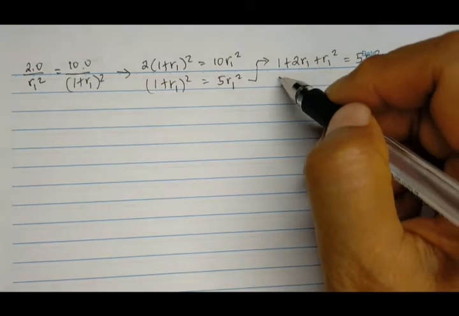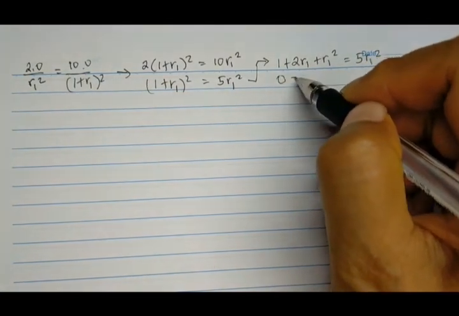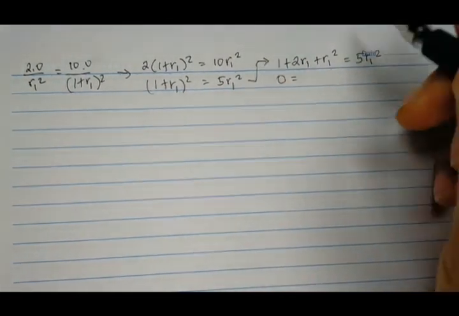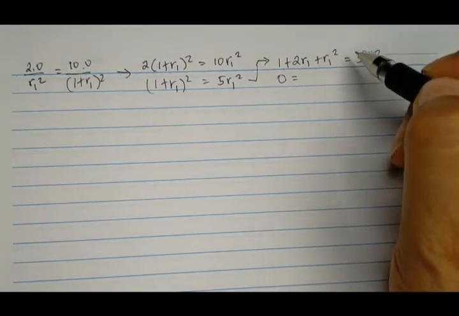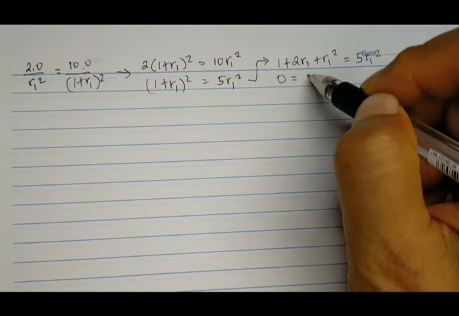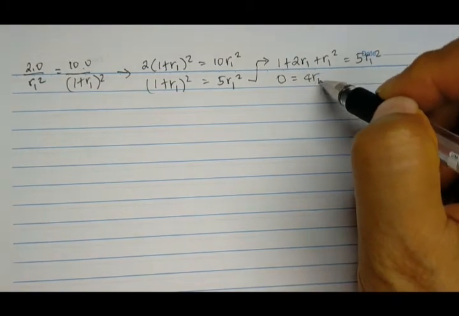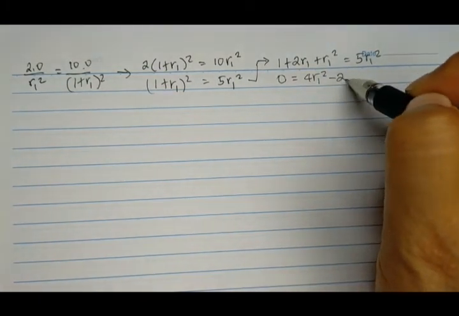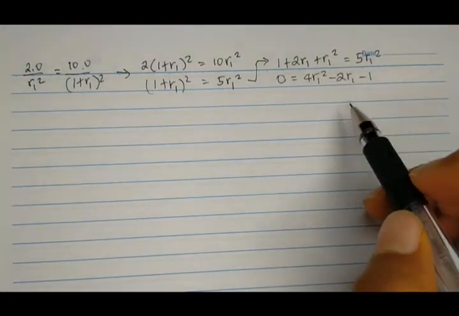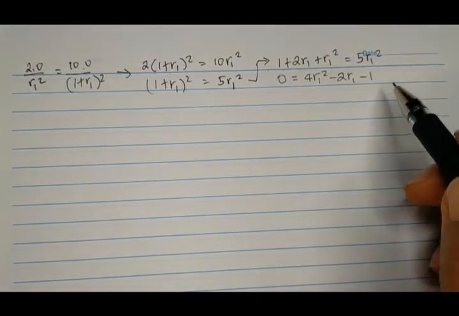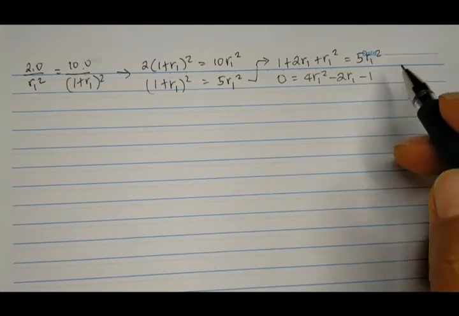Rearranging, we now have our expression become 0. Transferring all of this to the other side, we have 5R sub 1 squared minus R sub 1 squared gives you 4R sub 1 squared minus 2R sub 1 minus 1. Now, notice that we have this expression and this one can only be solved using quadratic equation.